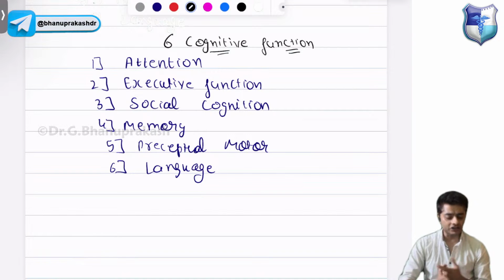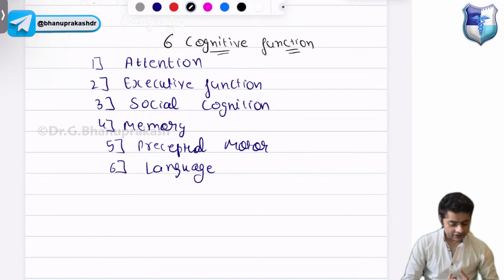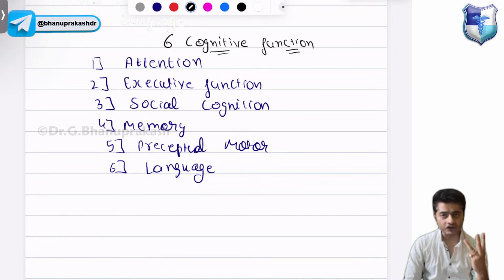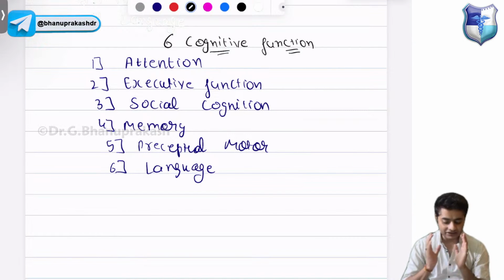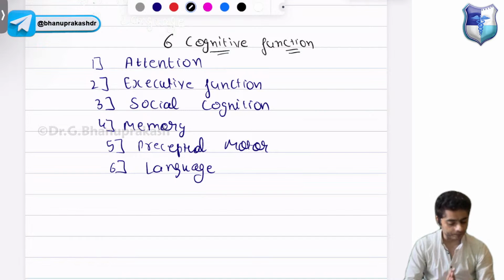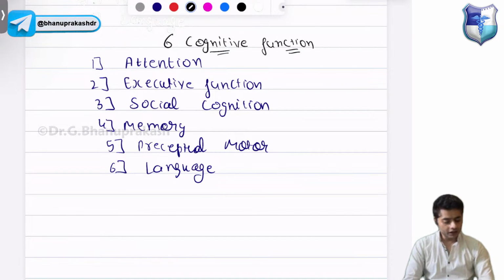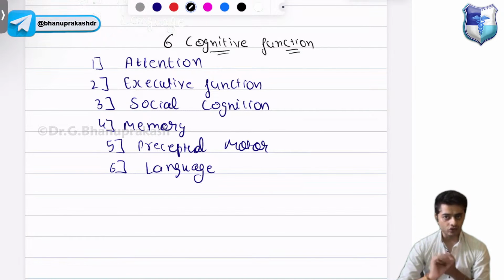Now, everyone, just tell me the starting three functions: attention, executive function, and social cognition. They are done by which part of your brain?